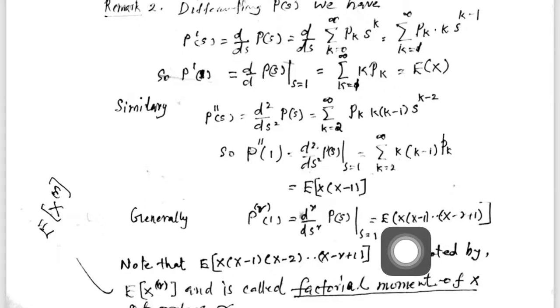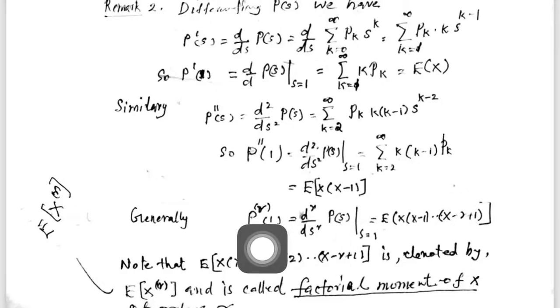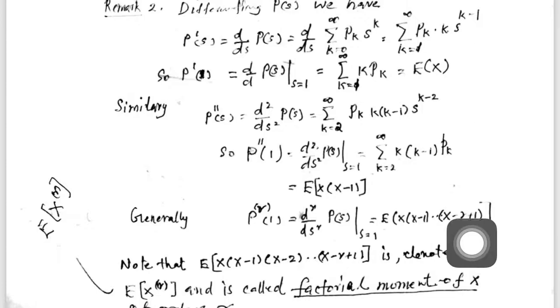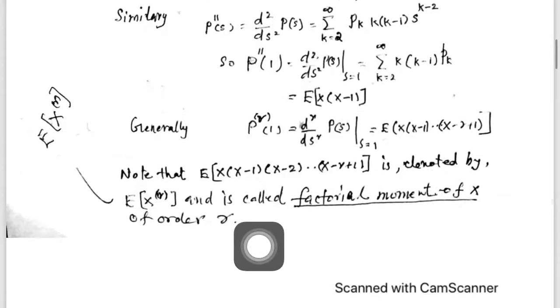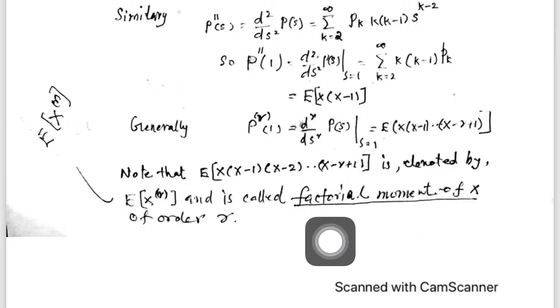It is equal to expectation of x into x minus 1 into x minus 2 into etc., up to x minus r plus 1. The right hand side is nothing but the rth order factorial moment. You can define the rth order factorial moment of x as expectation of x into x minus 1 into x minus 2 into etc.